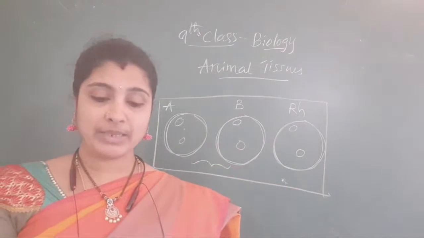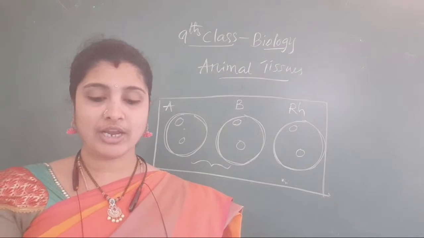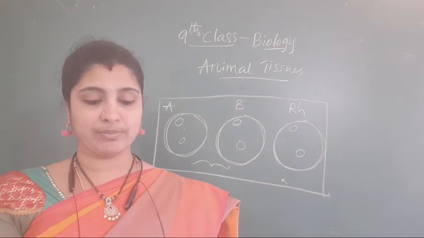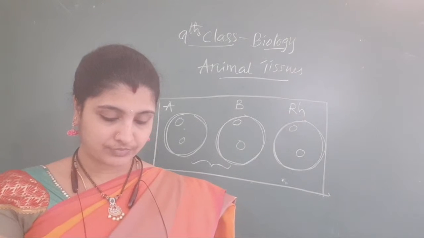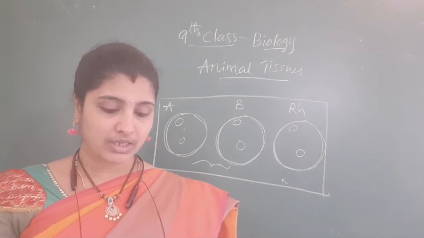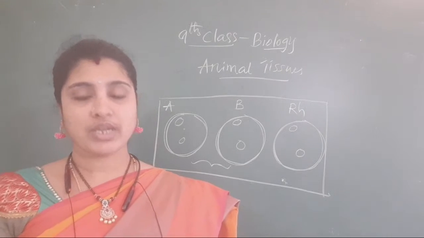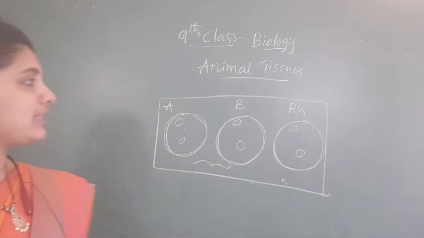Determine the blood type depending on the result. The following table can be used to determine the blood group. Where you see clumping, here the box was given.